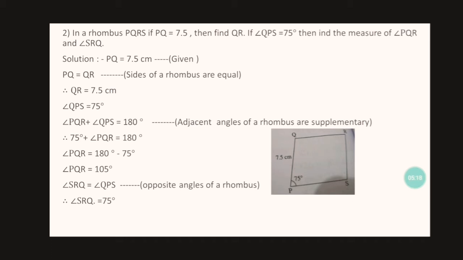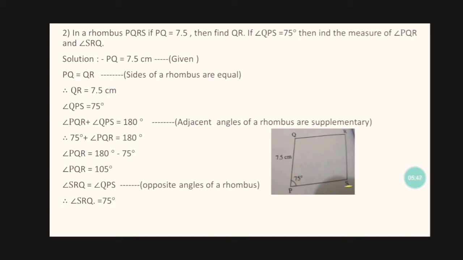Now here, what is given to us? PQRS is a rhombus. This is given to us. Length of PQ is given to us as 7.5. So what will be the length of QR? It will be 7.5 only. Why? Because the sides of the rhombus are equal. All four sides are equal to one another. Even if anybody asks you what is the length of RS, it will be 7.5 centimeter.